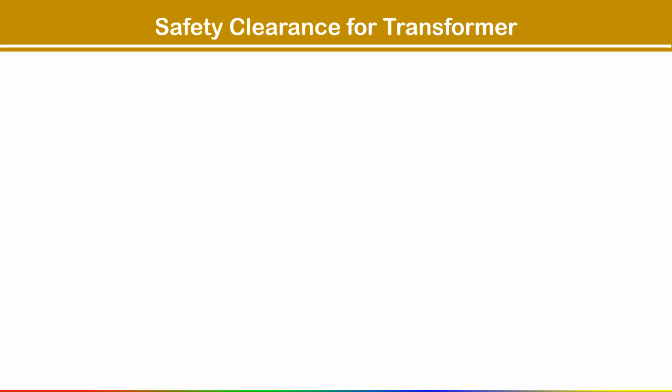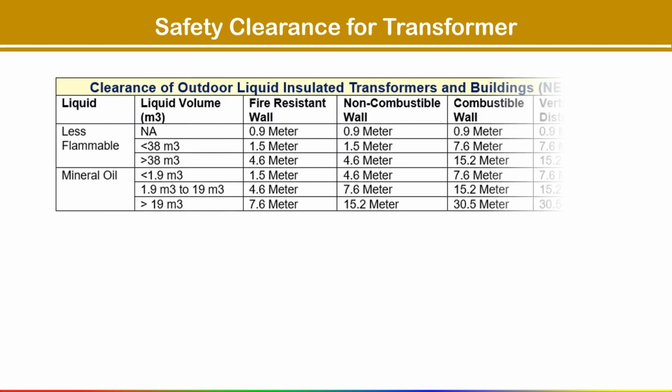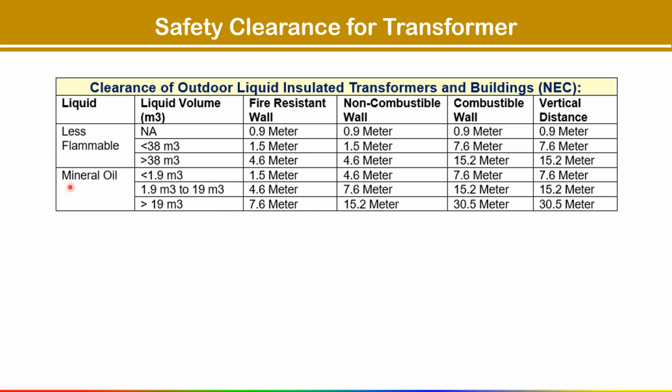Now see the safety clearance for transformer. In this table we have taken from NEC, National Electrical Code. So as per the National Electrical Code, how much clearance, see, clearance of outdoor liquid insulated transformer and building. So here, if your liquid is less flammable, the liquid volume range is given in the next column.